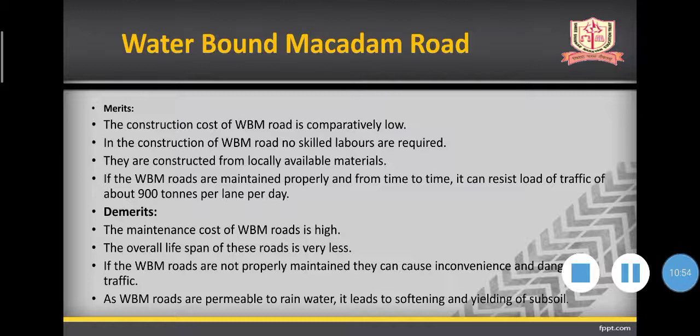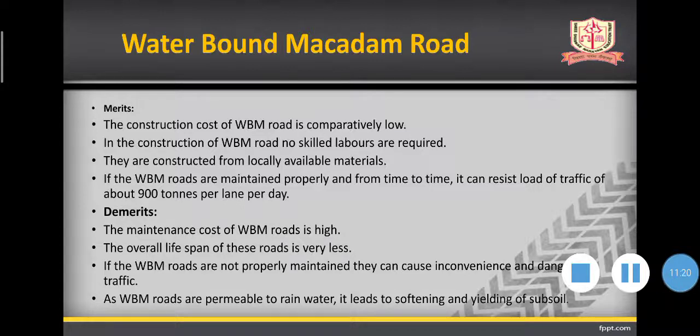What is permeable? Permeable means water can go inside the various layers of the road. If we are not using a seal coat, or we are not finishing the wearing surface using a seal coat, then obviously the water will permeate inside the various layers of the road.